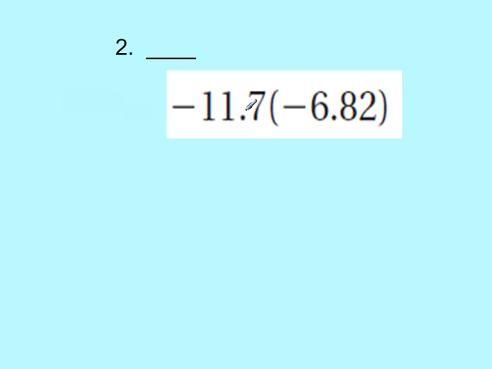We have a negative times a negative, so we know our answer is going to be a positive. Now we're going to stack it. We have three non-zero digits, so after we drop the signs, I would put 11.7 times 6.82.